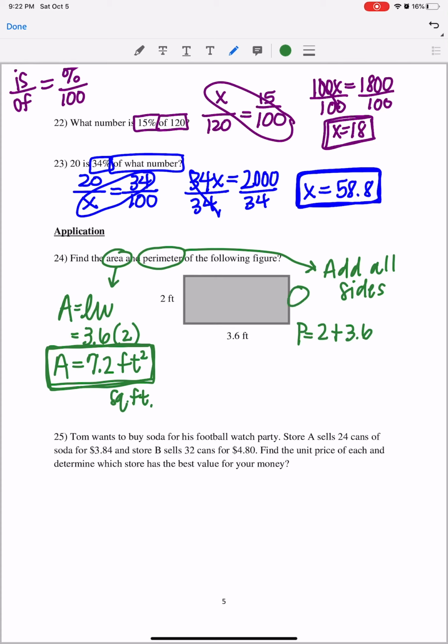So we need to add up a plus 2 from this side and a plus 3.6 for that top. So add all of those up. And we will get a perimeter of 11.2. Don't forget your units again. So 11.2 feet.